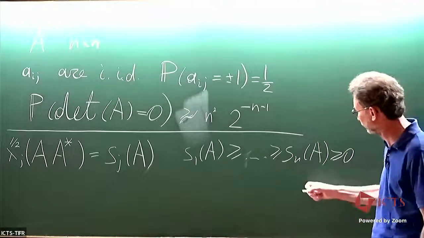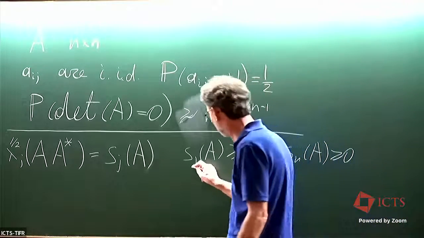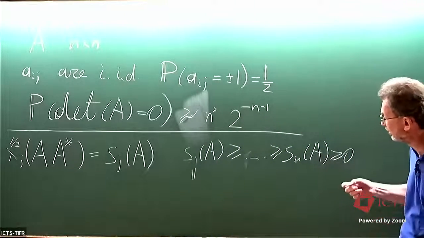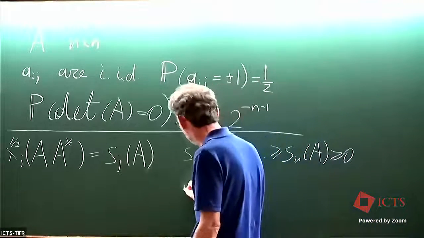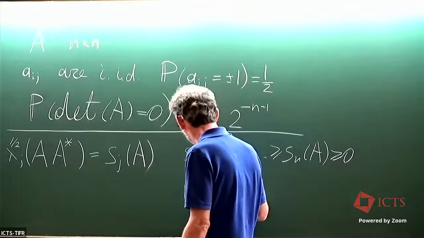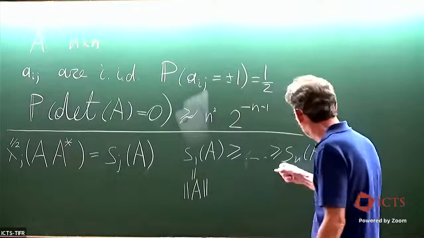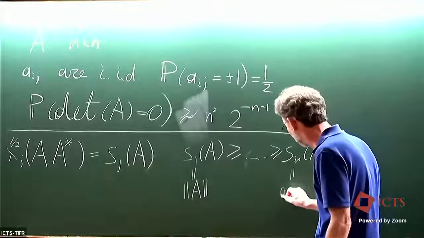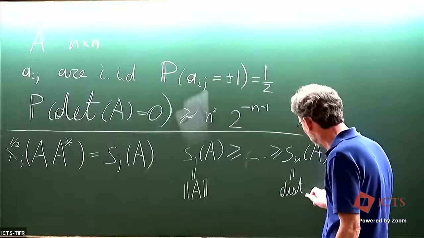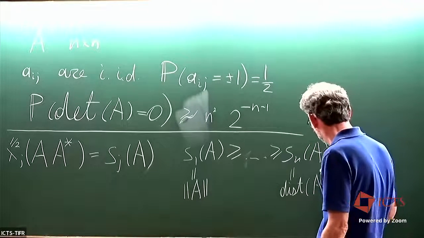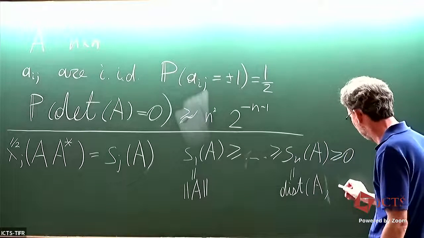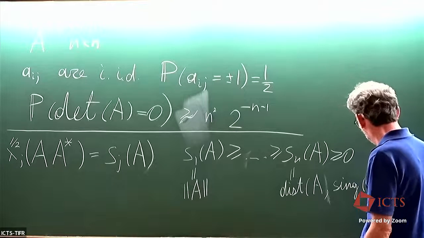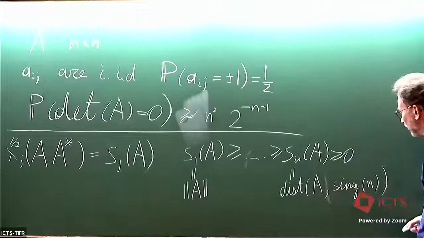The most important singular values here are the first and the last one. The first one is just the operator norm of the matrix. The last one, the least singular value, is actually the distance of our given matrix to the set of the singular matrices in the operator norm.